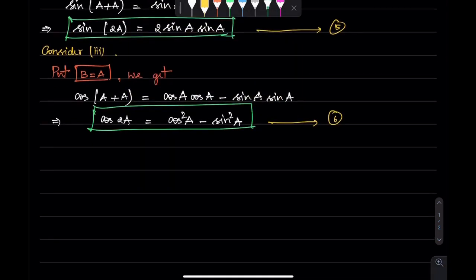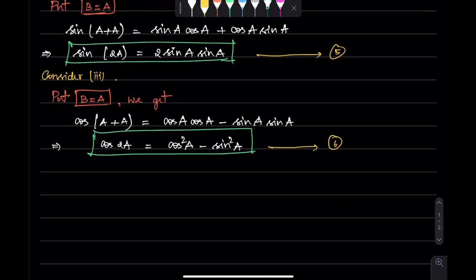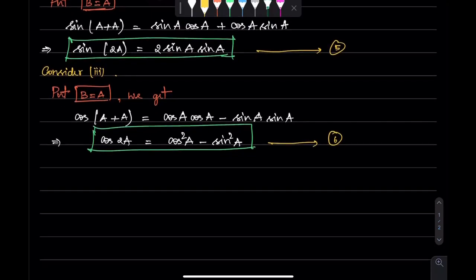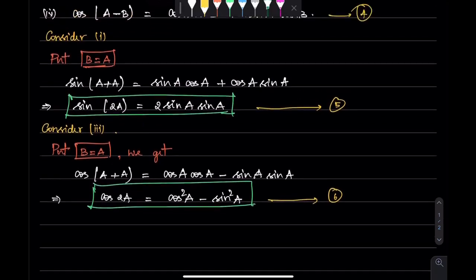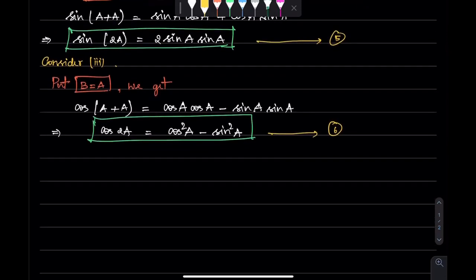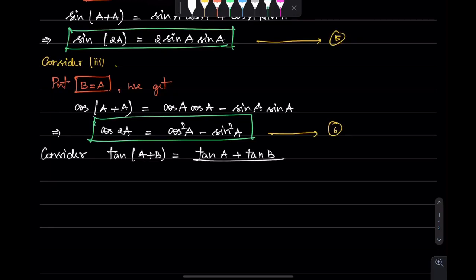We got sin 2a and cos 2a, and obviously you need tan, so I'm going to consider tan(a + b). What is tan(a + b), children? Tan(a + b) is, we all know, (tan a + tan b) divided by (1 − tan a tan b).